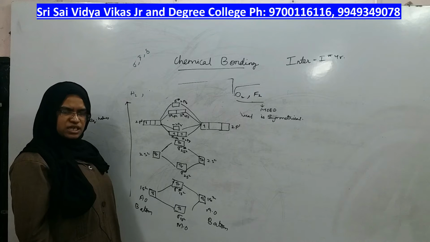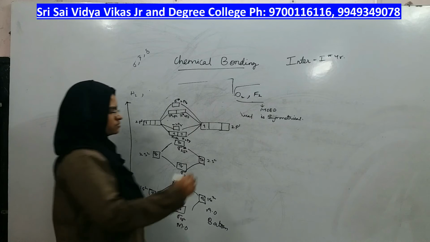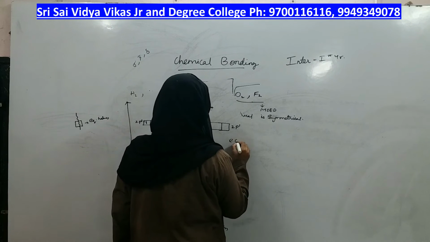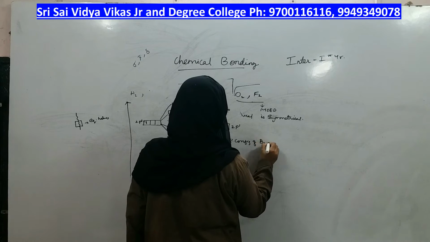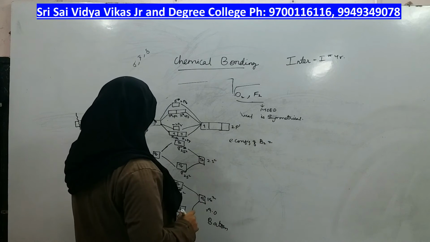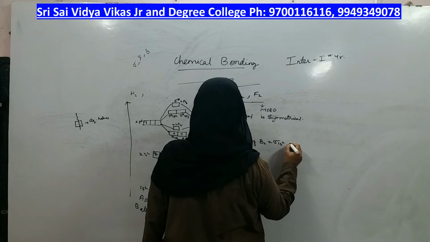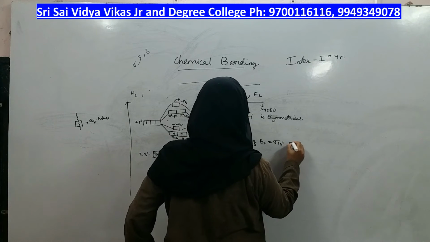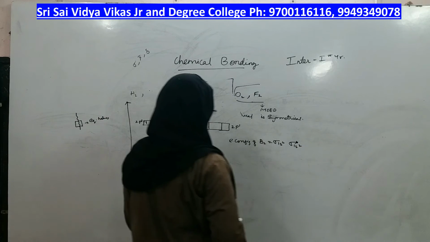Right. Now let us start writing its electronic configuration starting from the bottom. What is the electronic configuration of boron molecule? It is sigma 1s2. Then next is sigma star 1s2.